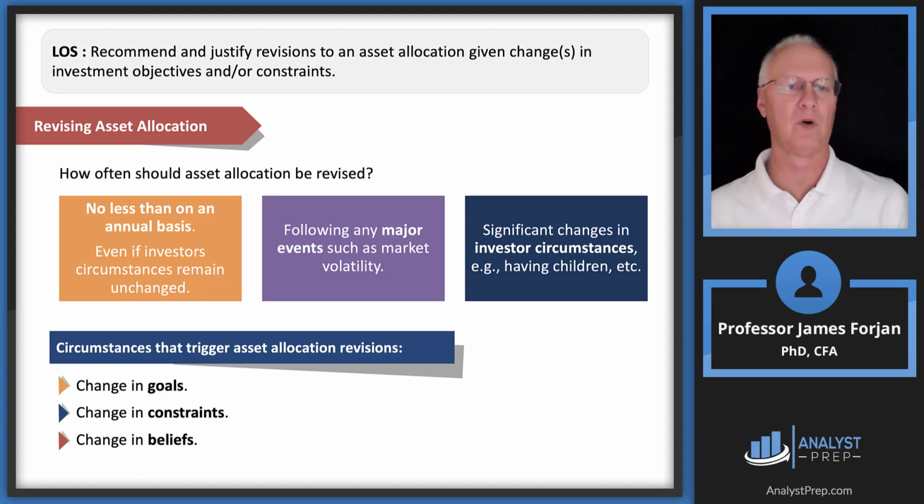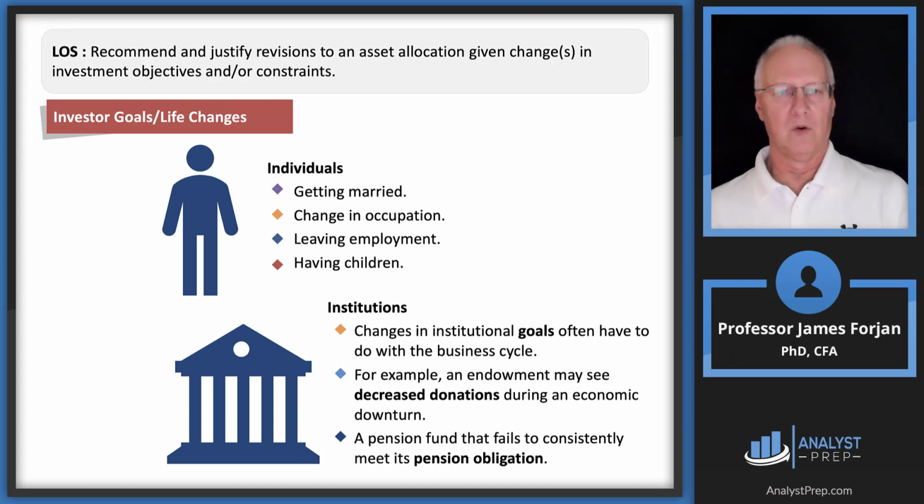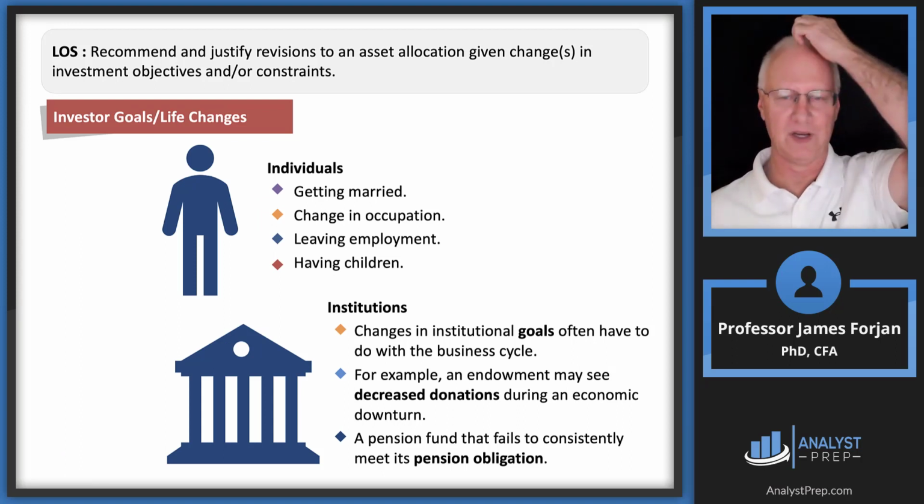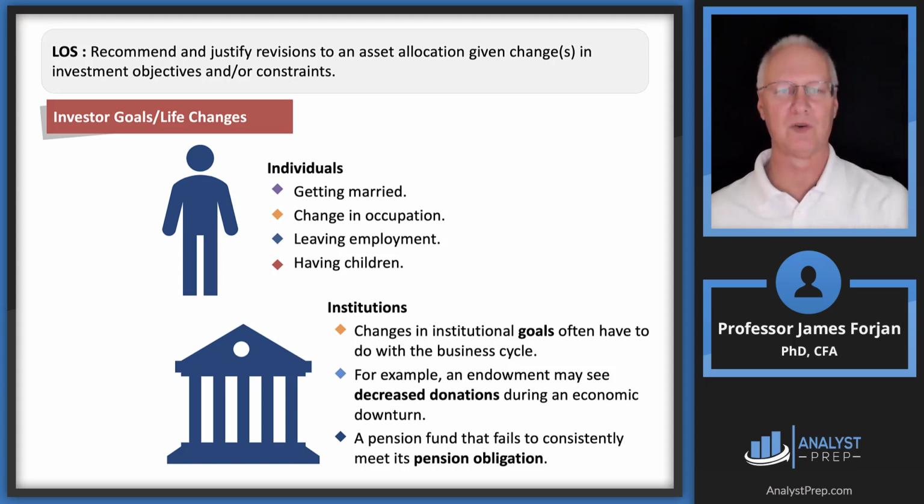So at least on an annual basis, but also following any major events and significant changes in investor circumstances. So change in goals, change in constraints, change in beliefs. What are those changes? Getting married, change in occupation, leaving the employment, having children.